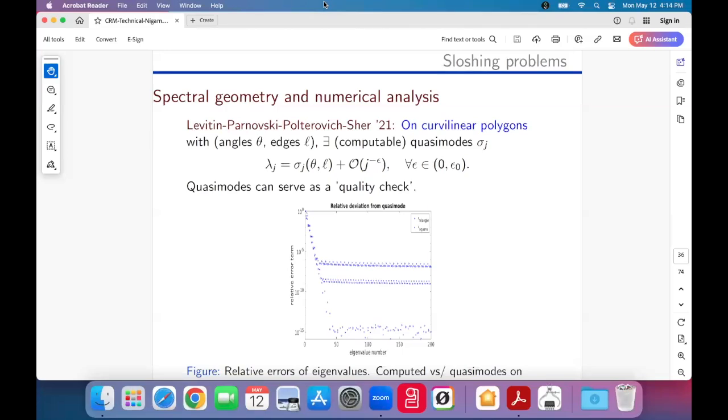Now, if you gave me a weird polygon and asked me to compute eigenvalues on it, I don't have the true eigenvalues, so I don't know how well I'm doing. But I could compare to the quasi-modes. And this gives me a very nice sanity check on the quality of my approximations.